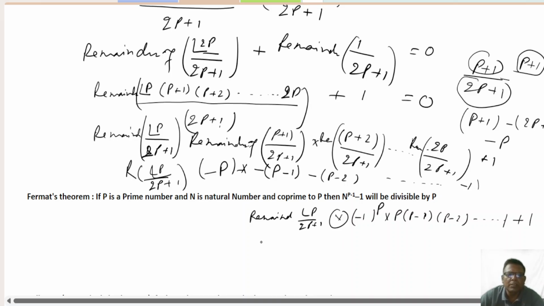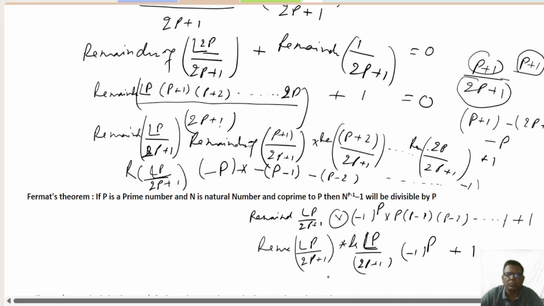So here the remainder of 2p plus 1 into factorial p, plus 1 times minus 1 to the power p.